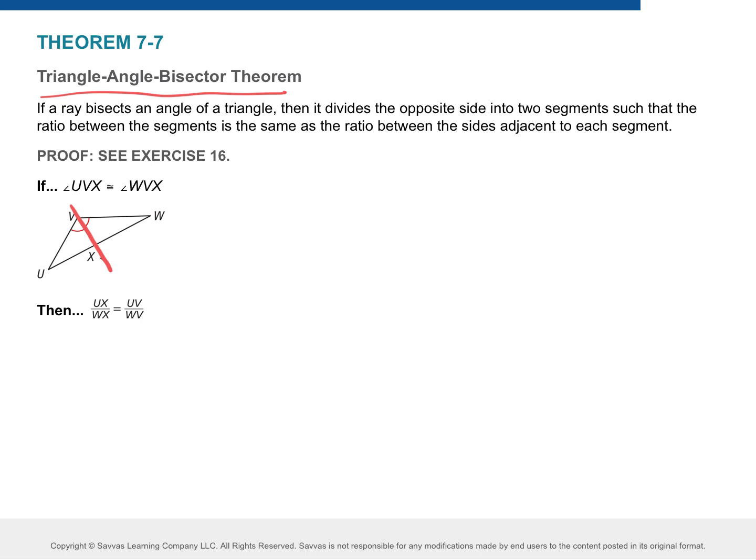Another way I could write that to get the same thing, I could do UX over UV equals WX over WV. Again, you would get the same answer as long as you keep your relationships the same.